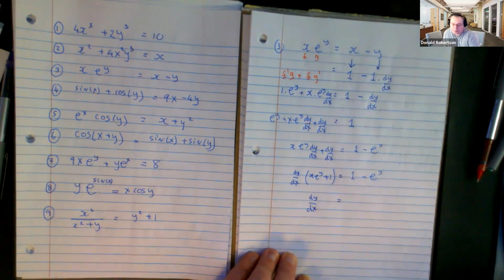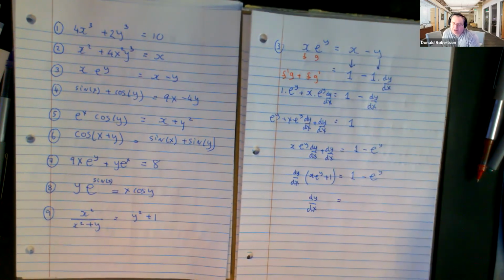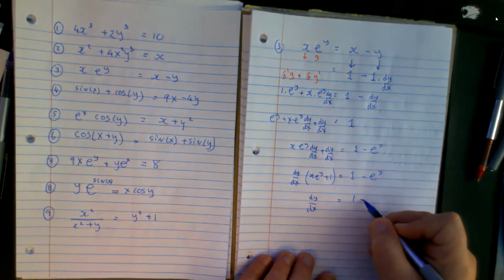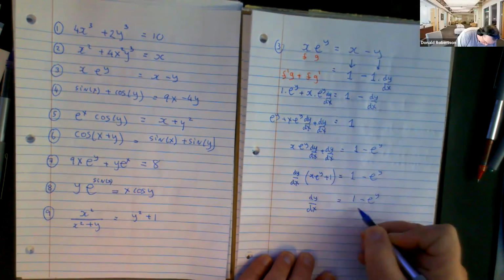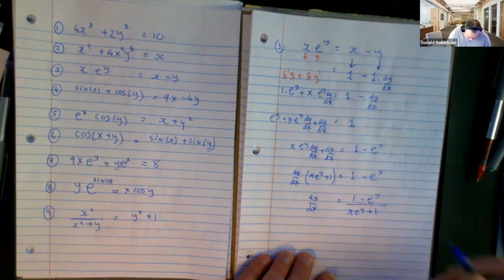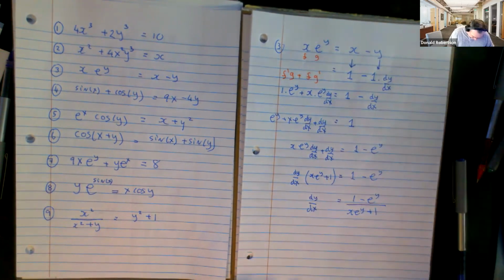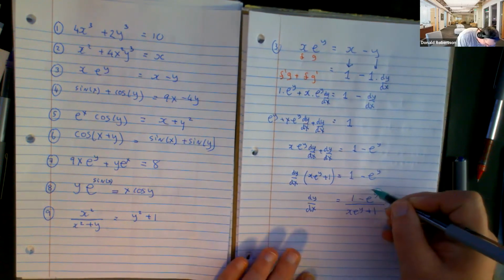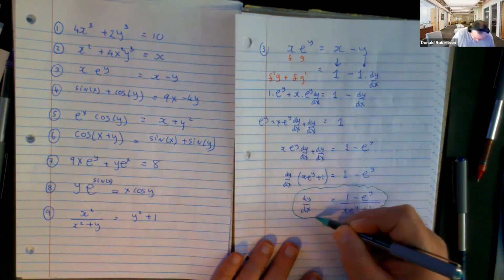What do I do to both sides then to get dy by dx? Divide by x e to the y plus 1. Yeah, divide by that ugly guy. I tend to just call them ugly guys. I should look at that to see if there's any factoring, cancelling, combining. It's pretty obvious to me that I can't do anything, which means I'm finished. There's your answer.